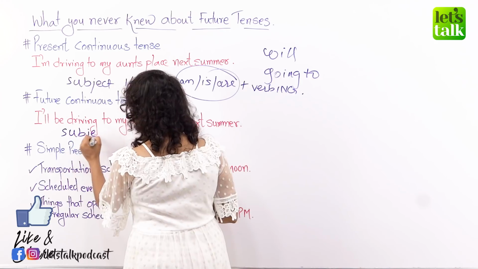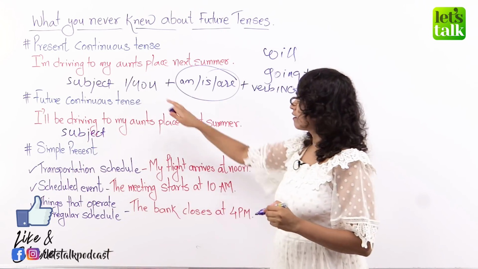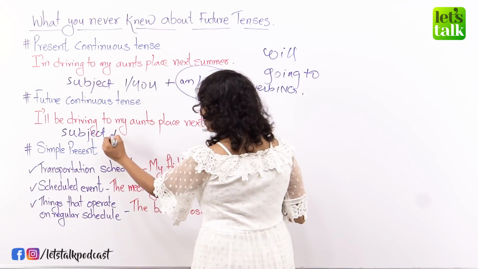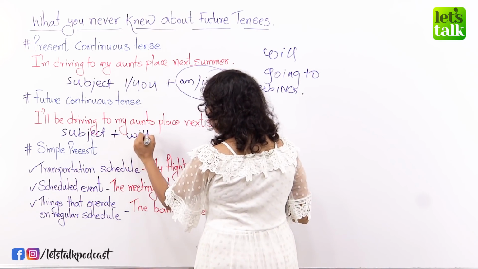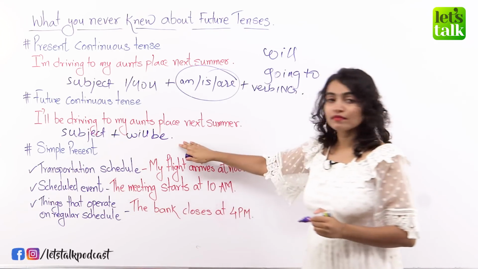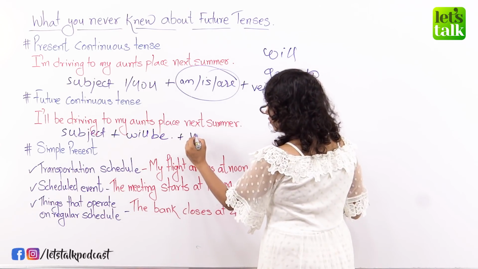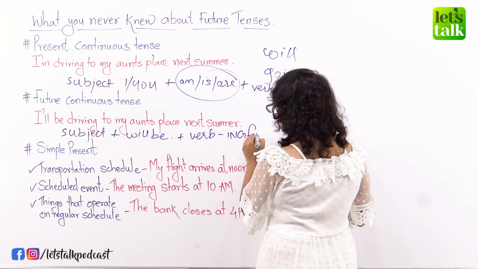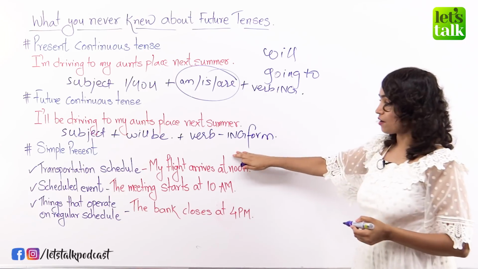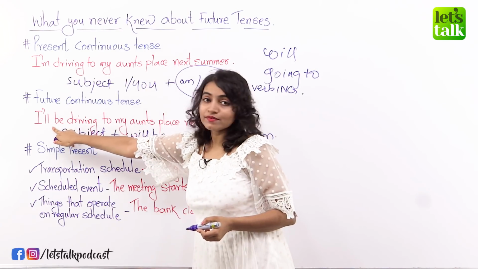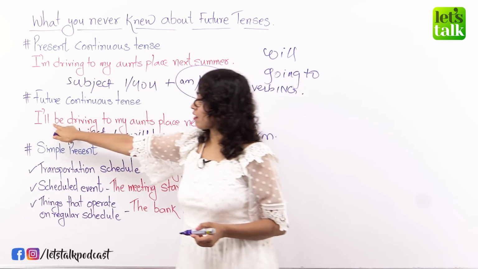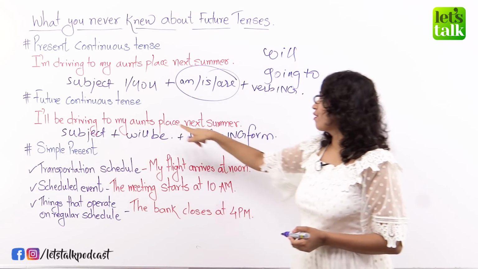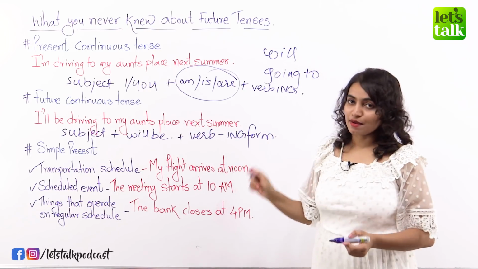So the formula is our subject, which could be I, you, he, she, it, whatever, plus will be, plus the verb in the ing form. Okay, so I will be driving to my aunt's place next summer.